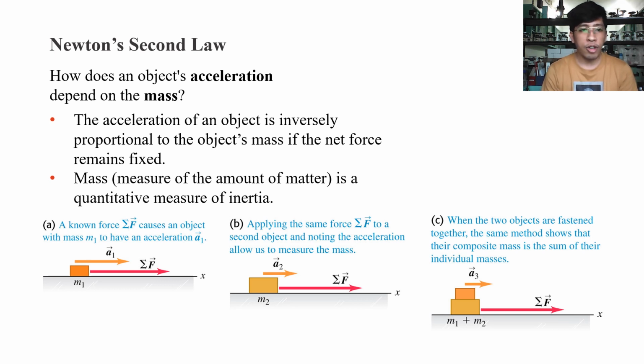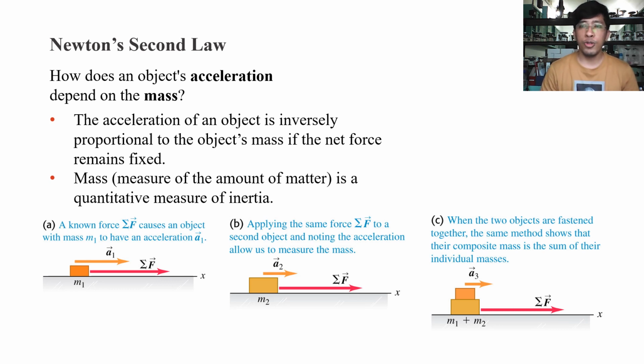Mass is again the measure of the amount of matter, and your mass is a quantitative measure of your inertia. So the heavier the object is, or the more inertia an object has, the harder it is to set into motion, or the harder it is to stop its motion. Say, for example, you have a bicycle and a truck.